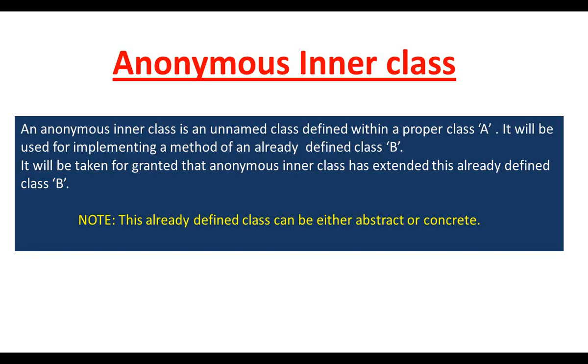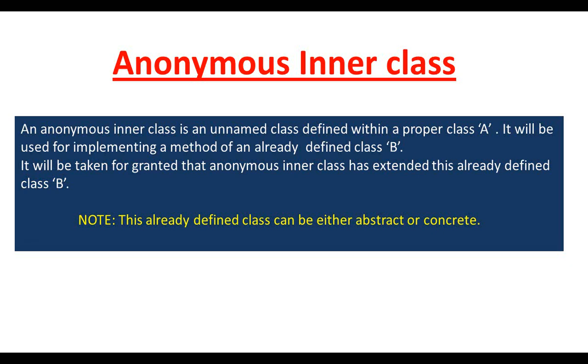It will be taken for granted that the anonymous inner class has extended this already defined class B. This already defined class B can be either abstract or concrete. As you know, an abstract class is a class objects of which cannot be created, and a concrete class is exactly opposite to it. That means we can always create objects of a concrete class.